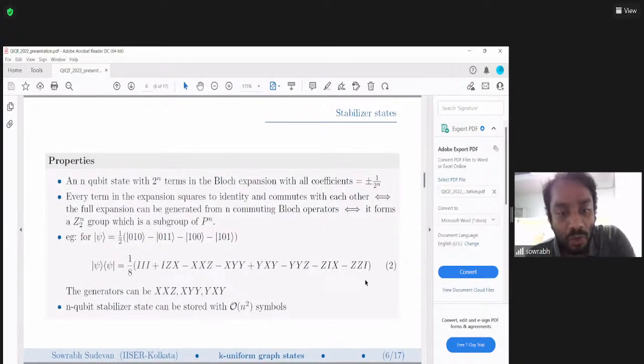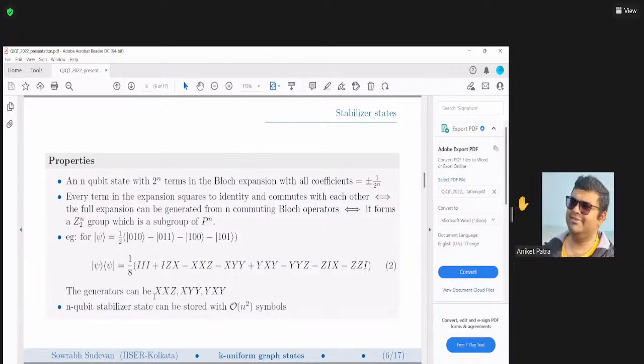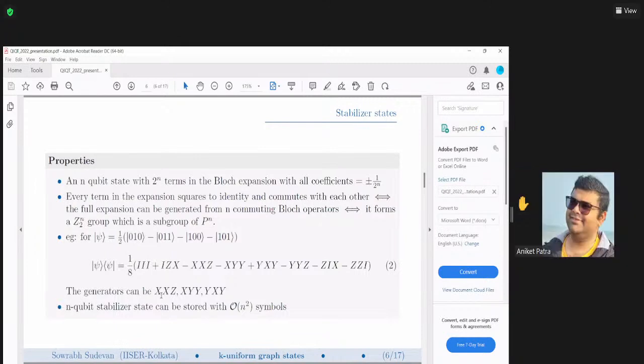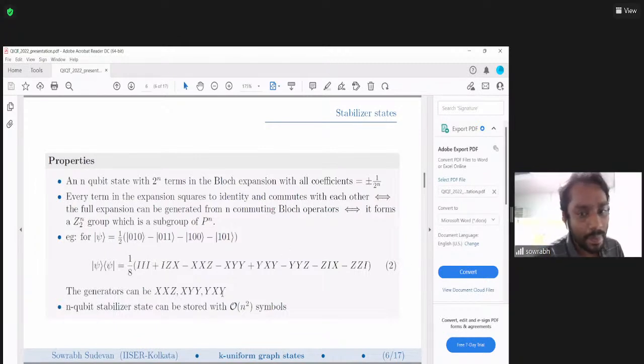If I write down a Hamiltonian which has these three terms, XXZ, XYY, YXZ, with a negative sign in front of all of them, the state in 2 is the ground state of this Hamiltonian.